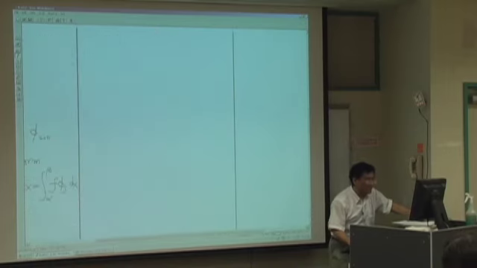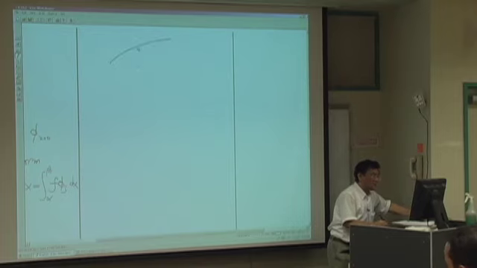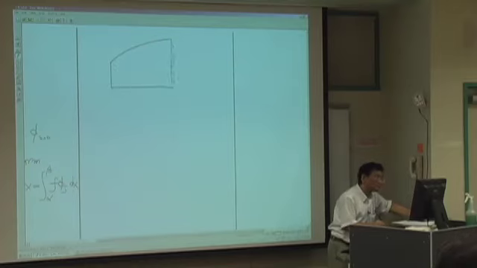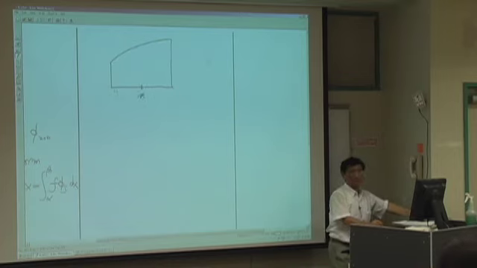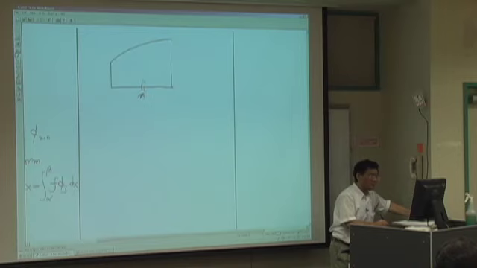So assume that for the interval, the middle point is chosen, right? So this is the middle point of this interval. Then at the middle point, we can find the height.